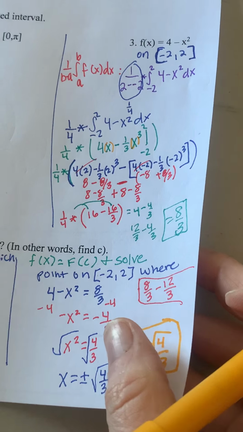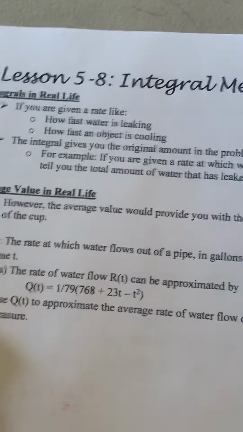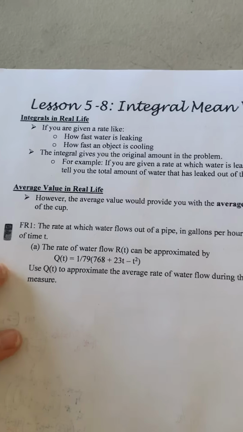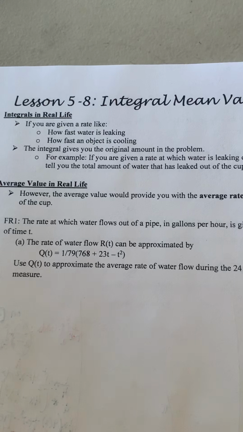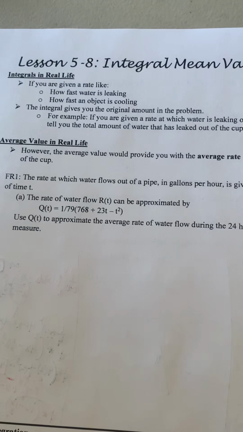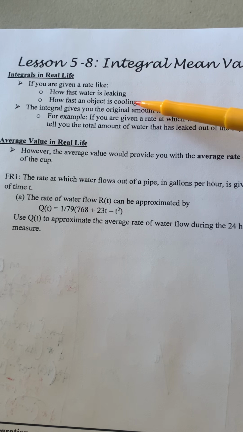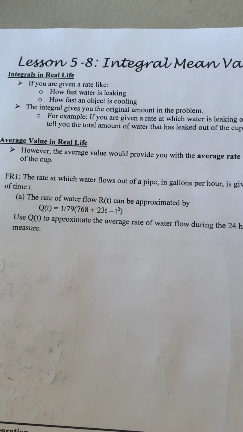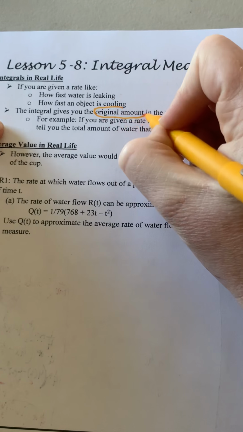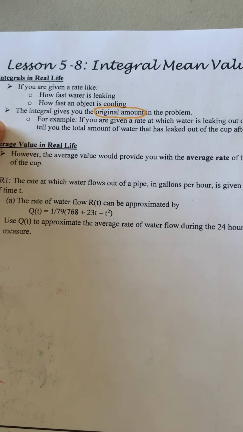Okay, let's move on to the back. So we're going to do integrals in real life, and with these we're not going to actually find the value, the C, so it'll be a little easier, a little faster. If you're given a rate, like how fast water is leaking or how fast an object is cooling, the integral will give you the original amount in the problem.